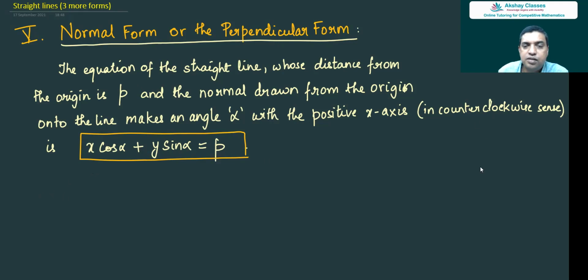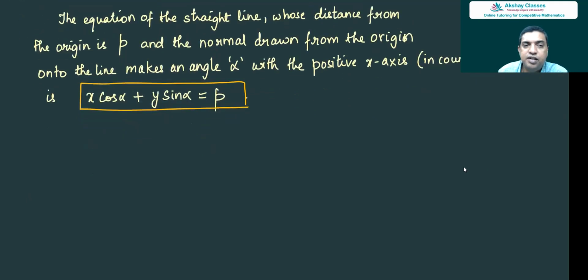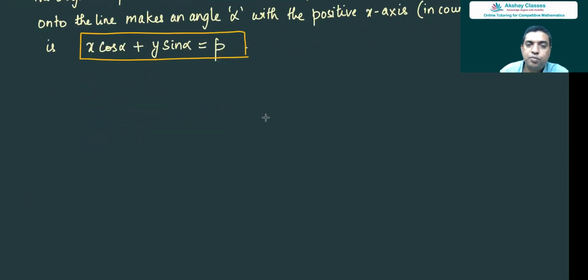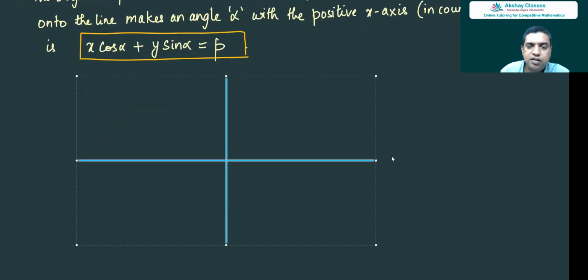And like all the seven or eight types of equations of straight line, we should note down thoroughly. There are so many formulae. Mathematics in intermediate will have hundreds of formulae which we have to memorize.